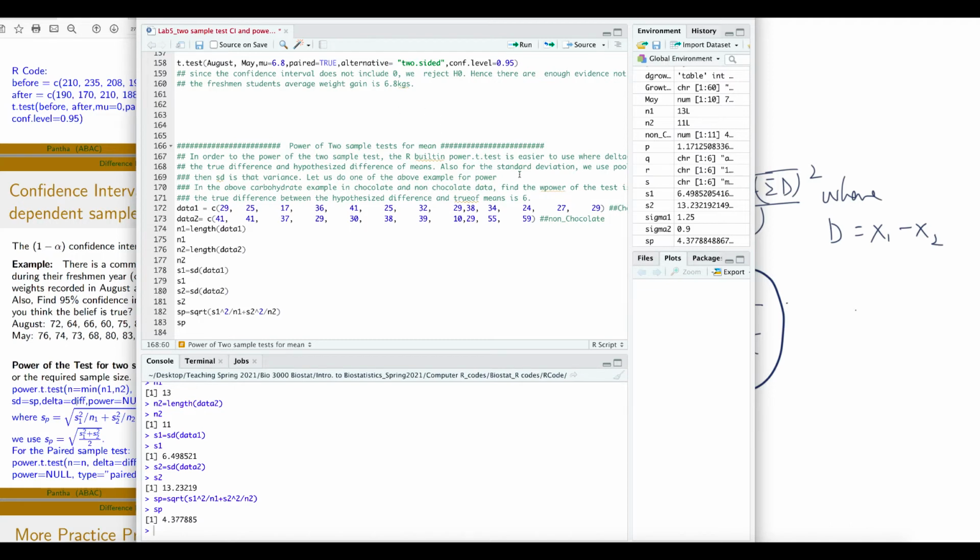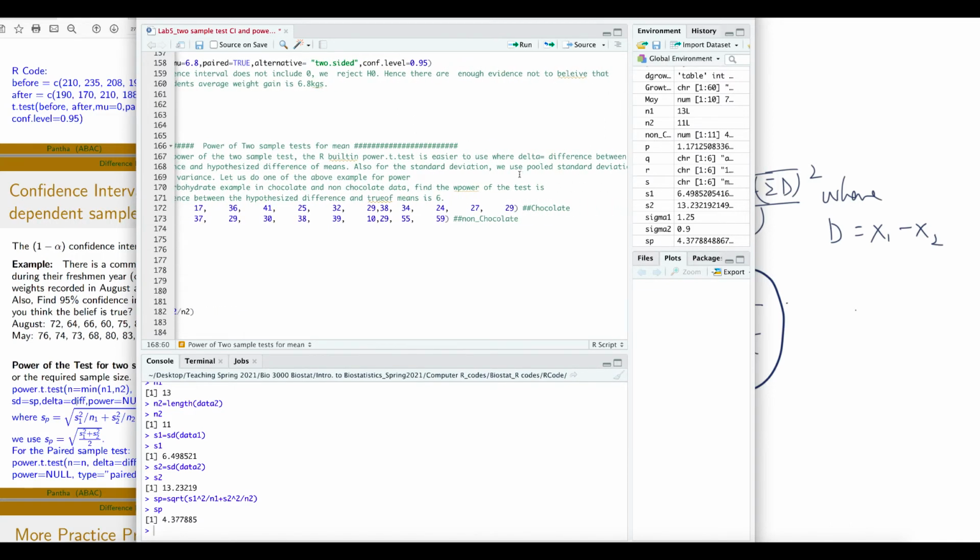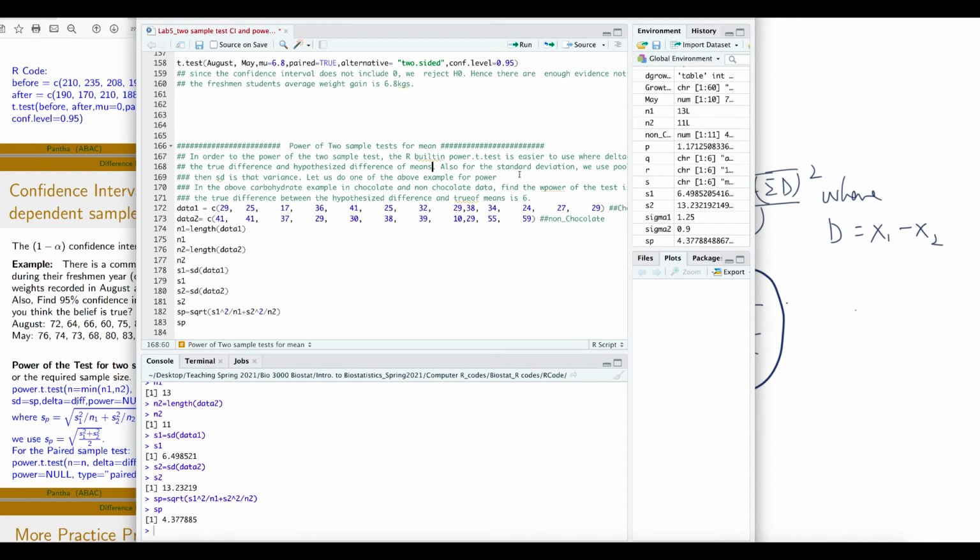Also the standard deviation: we use the pooled standard deviation, and if the variance is known, we use that variance. That's what it says.